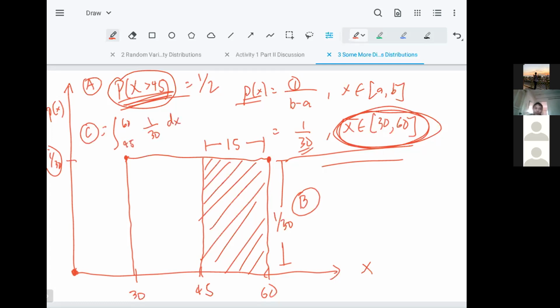So ganun. Ano ba yung integrals? Areas under the curve lang naman ang integrals eh. So what's the area under 1 over 30 from 45 to 60? Definite integral siya actually. So you're solving definite integrals without even doing integrals. Pero kalimutan nyo na yan. Wala tayong calculus dito ha.